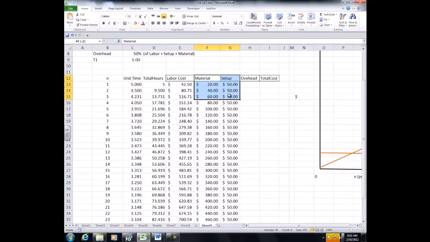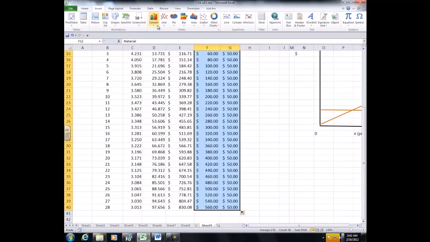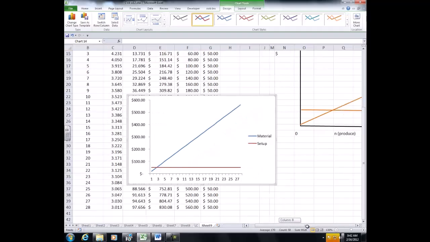Let's graph material and setup using a line graph. That's exactly what we expect for the material and setup. That's how we envisioned over here.